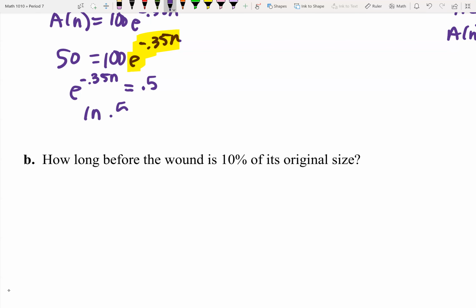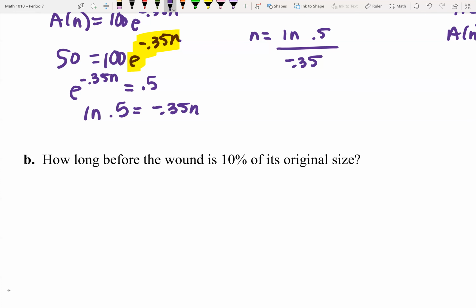That's ln 0.5 is negative 0.35n. What do I do to solve for n? Divide. So you get n equals ln 0.5 divided by negative 0.35. We're going to do another one just like this, so don't be afraid.